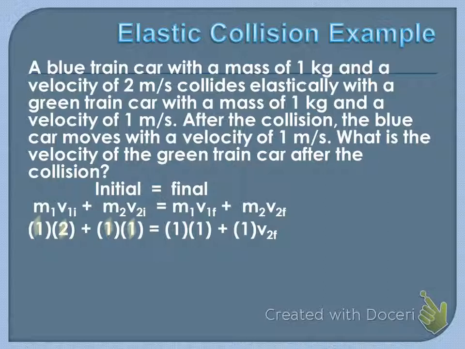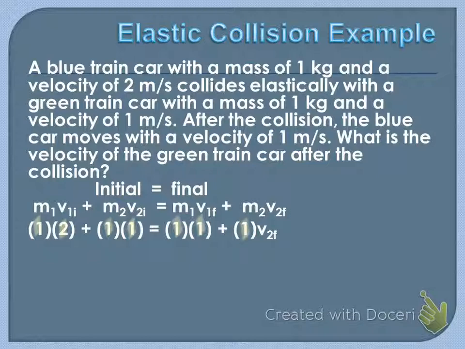On a side note, this is a good example also of an elastic collision. They're not always moving towards each other. If one is going faster than the other, it can catch up to it and then hit it, and they still collide elastically, and this is a good example that shows that. All right, so then moving on. It tells you that after the collision, the mass of the blue train car, of course, stays the same, but its velocity is now 1 meter per second.